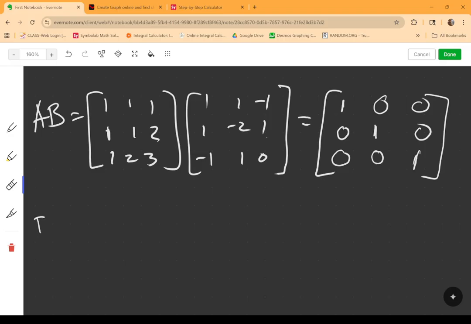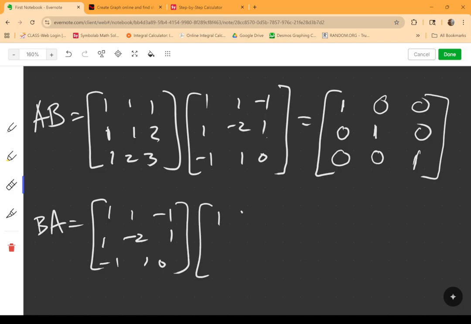Okay, so let's flip these around and just confirm. So here we get 1, 1, negative 1, 1, negative 2, 1, and negative 1, 1, 0. And the other matrix is 1, 1, 1, 1, 1, 2, 1, 2, 3. Okay, and here we see doing the first row, so we get 1 times 1, that's 2, minus 1, get 1.